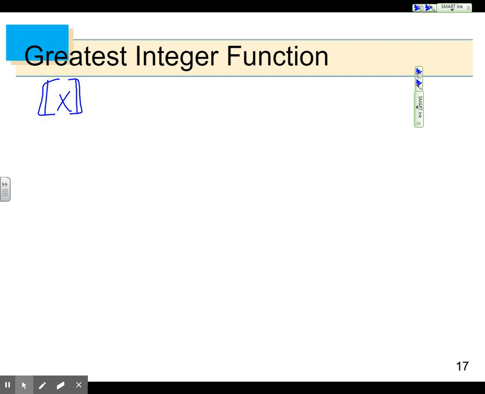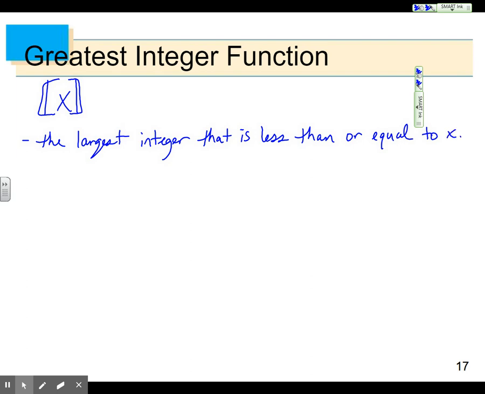And so my definition of the greatest integer function, how I evaluate it, is it's going to be the largest integer that is less than or equal to x. For example, if I'm taking the greatest integer function of 4, the largest integer, whole numbers and their opposites, that is less than or equal to 4, well, it's easy, that'd be 4.